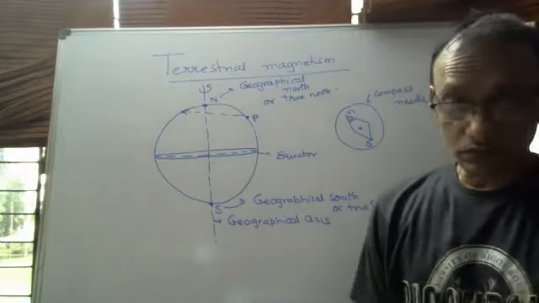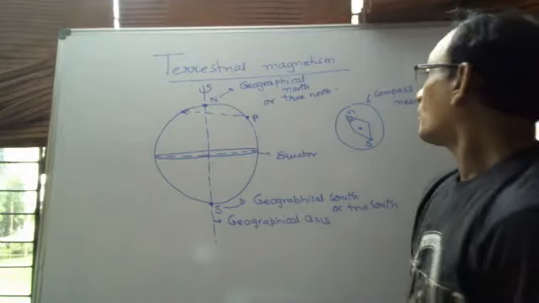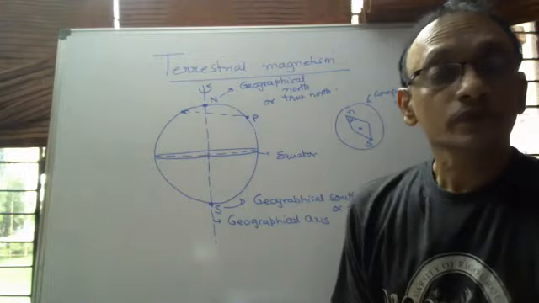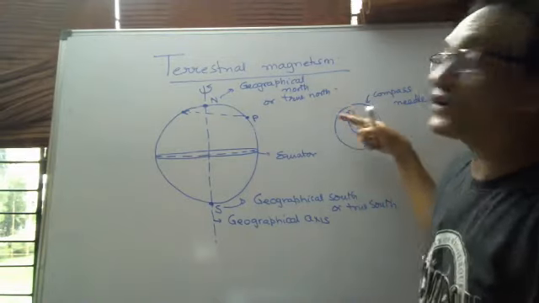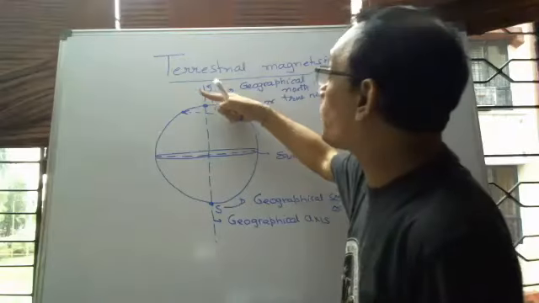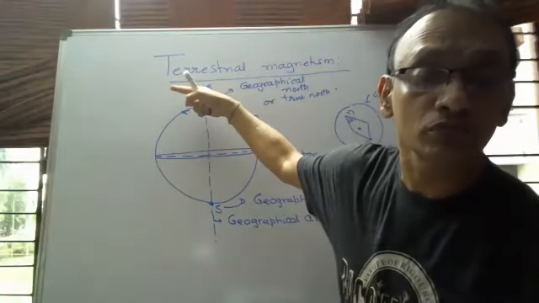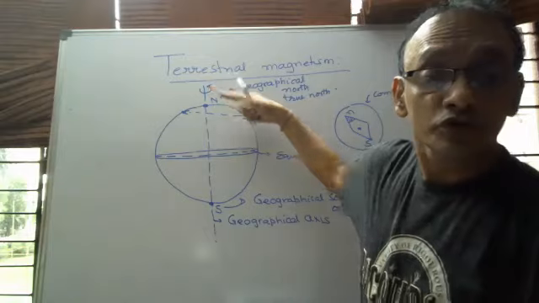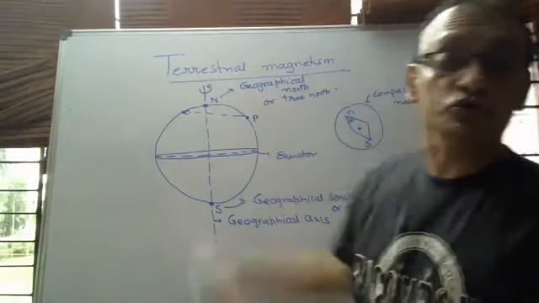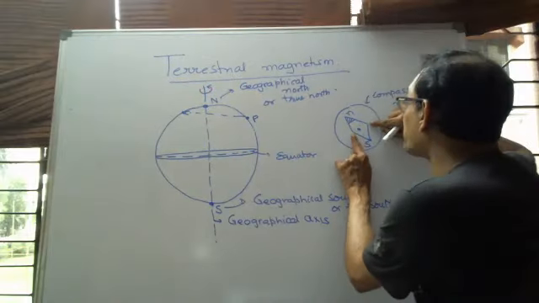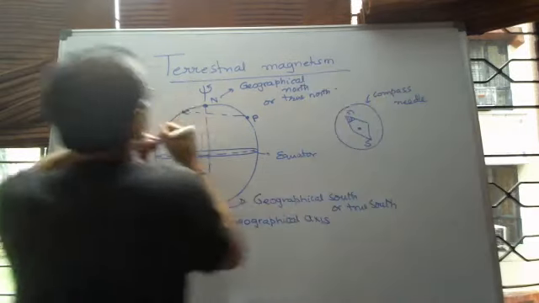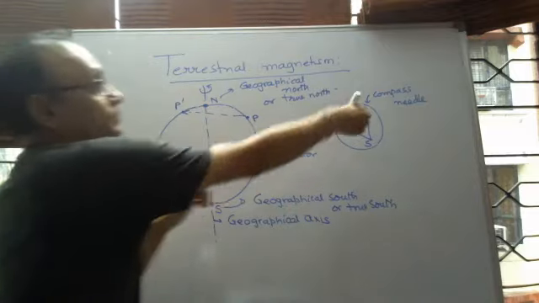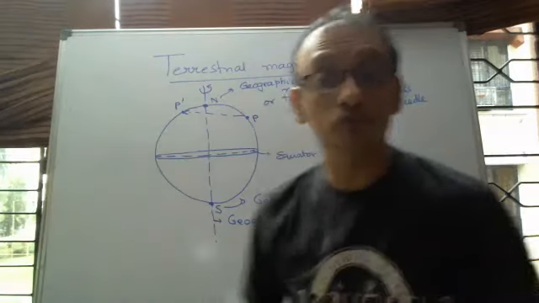Which means the north of the compass needle does not point towards the geographical North Pole. Because of the deflection of this needle, you would reach some other point, say P prime, instead of the North Pole.